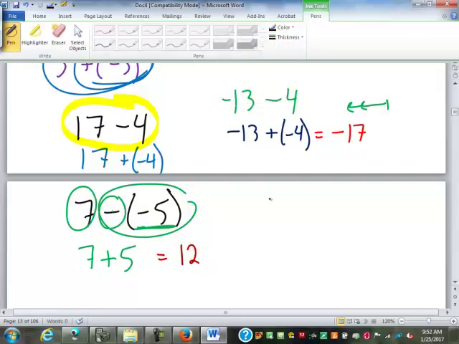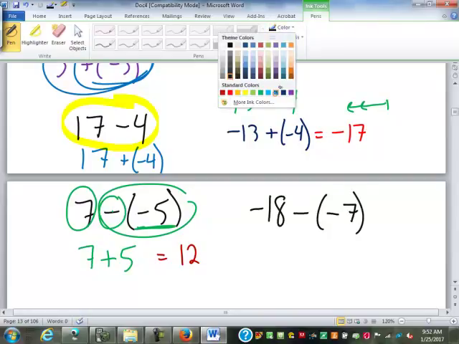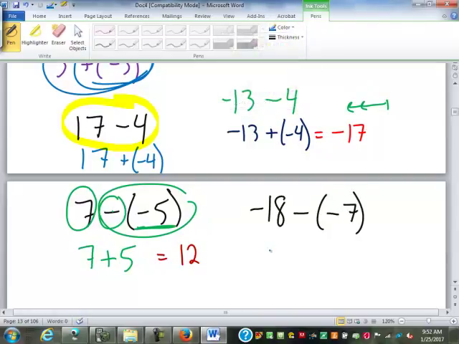So we might have negative 18 minus a negative 7. So does this become a positive 18? No. The first number never changes. That stays a negative 18. What's this going to become? Plus a positive 7, or plus 7.